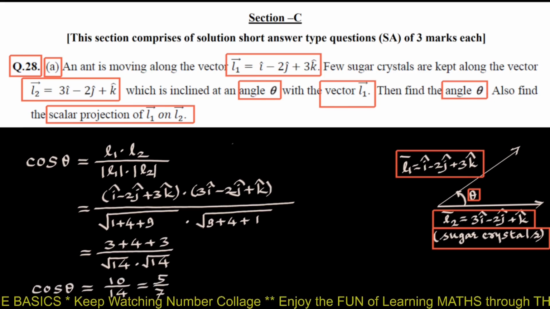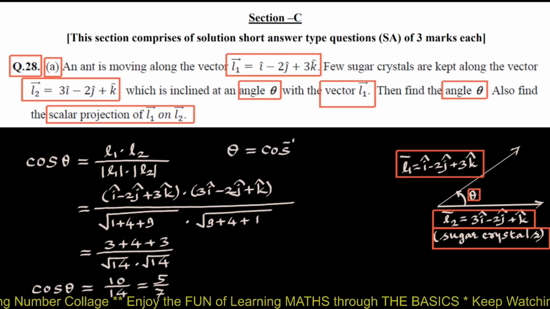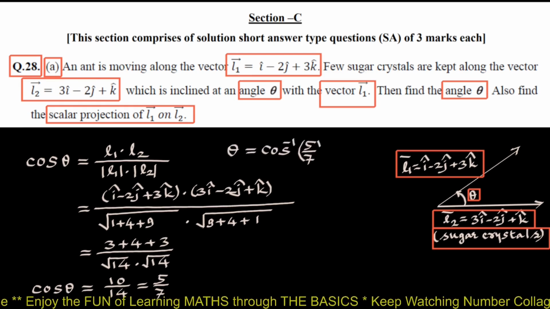So that gives the angle between L1 and L2, theta equals cos inverse of 5 upon 7, the first answer.